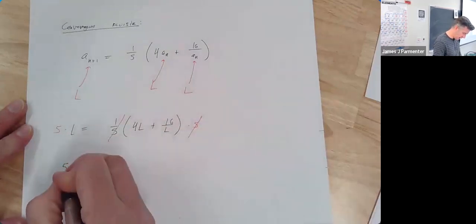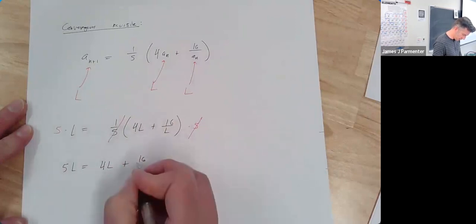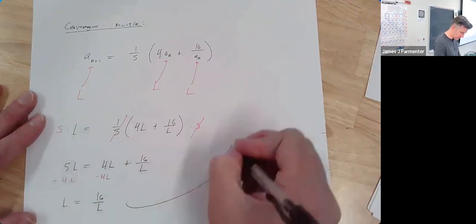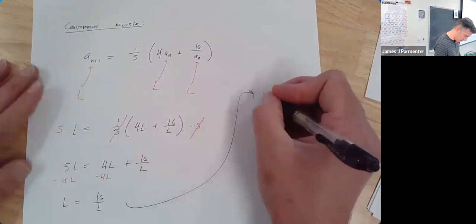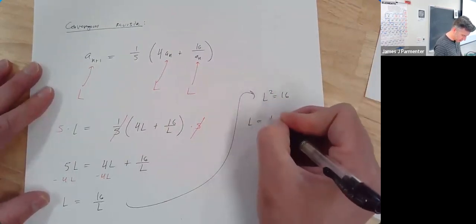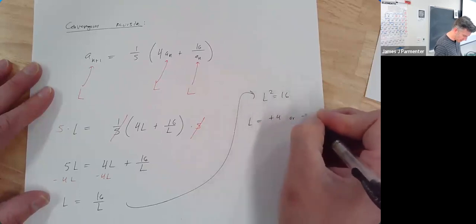Now I've got 5L equal to 4L plus 16 over L. Subtract 4L from both sides. There are certainly other ways to do this problem, but this way I think is the easiest. I have L equal to 16 over L. Multiply both sides by L, and you get L squared equal to 16. You get L equal to plus 4 or minus 4.